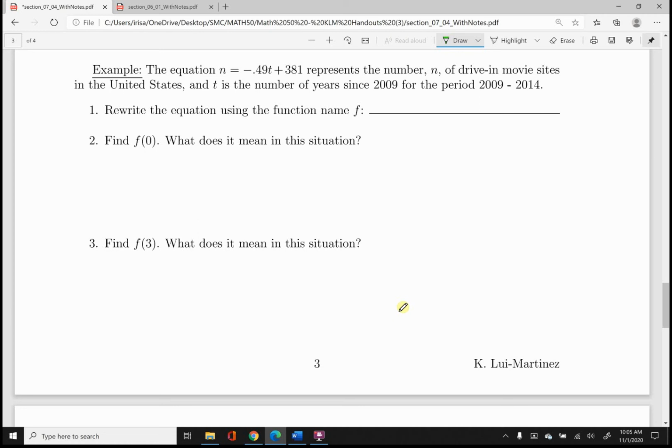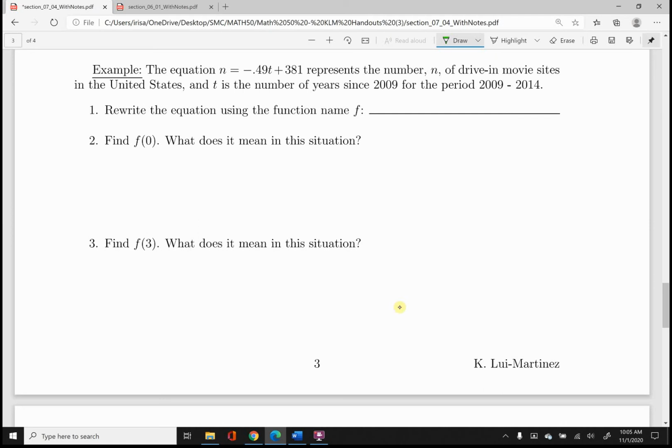So where we left off was that we were going to tackle this function that represents some data set. The number of drive-in movie sites in the United States is governed by this equation, such that T is the number of years since 2009 for the period 2009 to 2014.